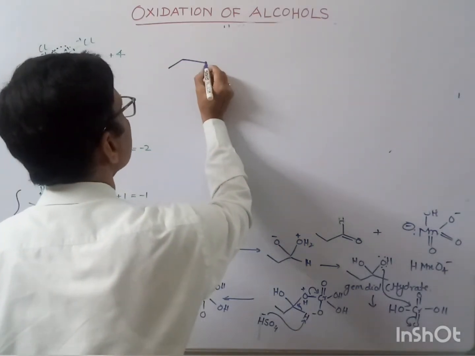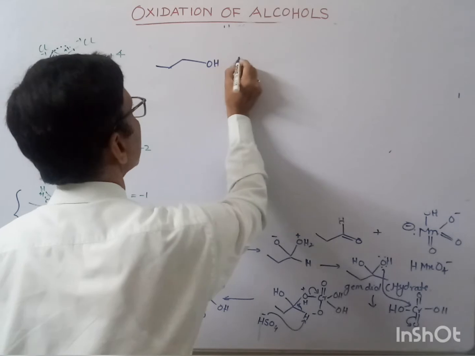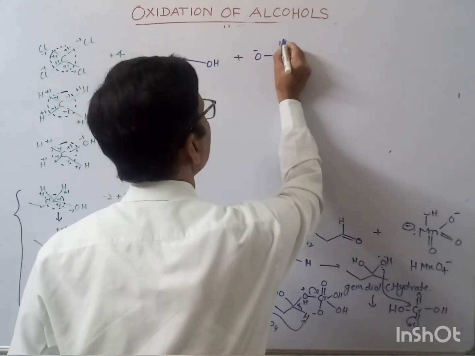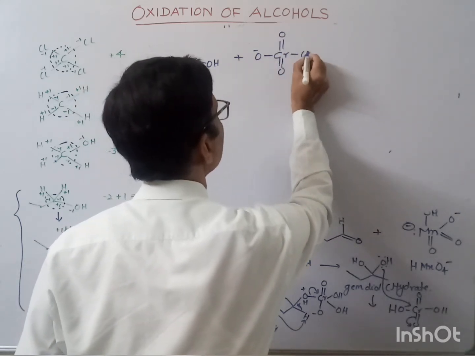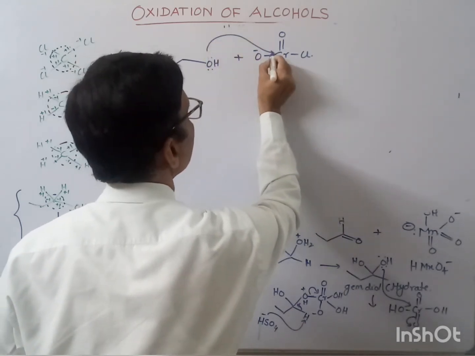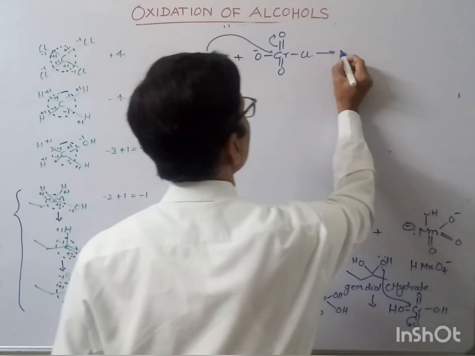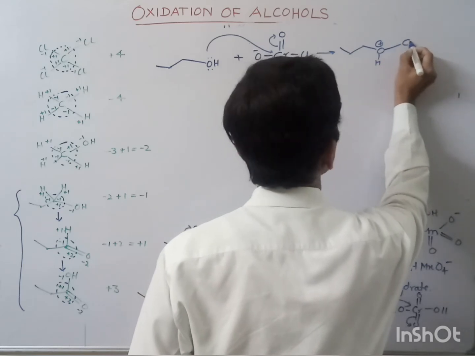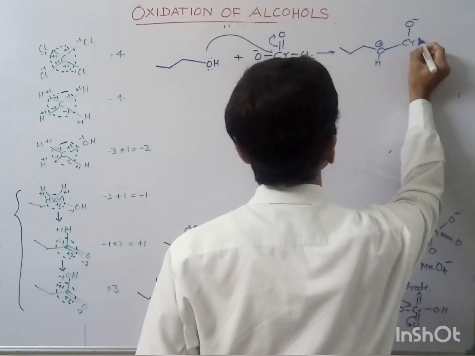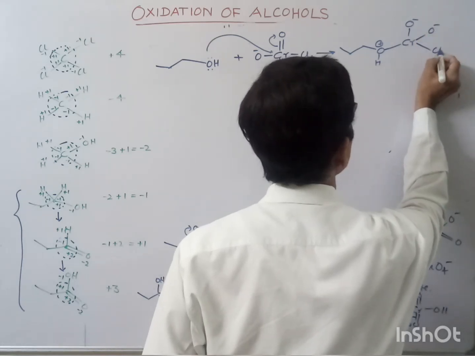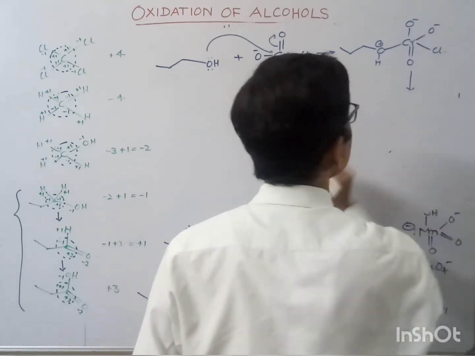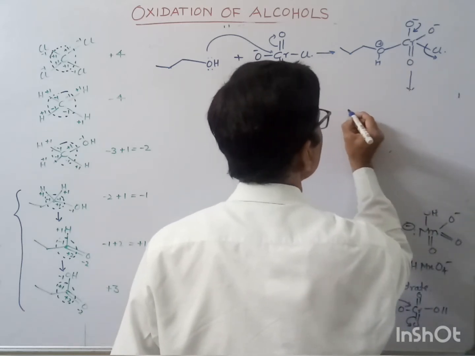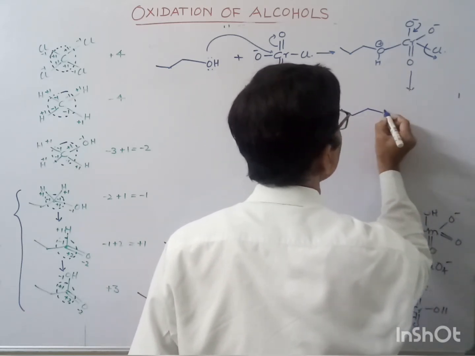So suppose we have alcohol, then in presence of pyridinium chlorochromate, in the next step one of this chlorine will leave out, being a good leaving group.